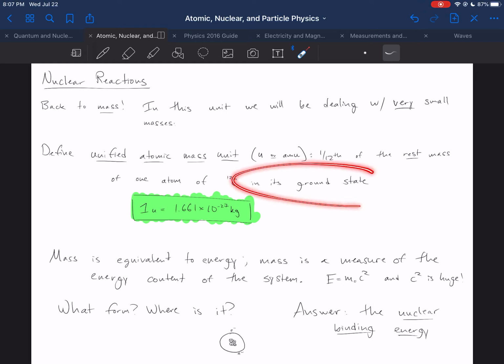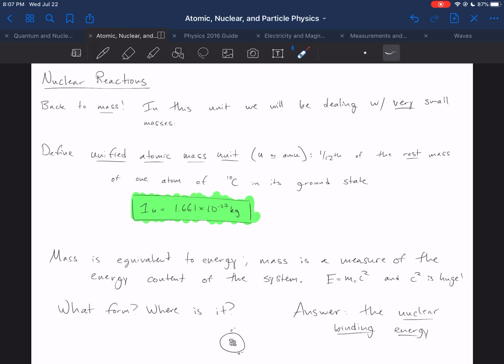Notice this bit right here, which we haven't focused on before. In its ground state means in its lowest energy state, and you have to specify that, because if you don't, the mass is larger. It's in its ground state, and it's at rest.